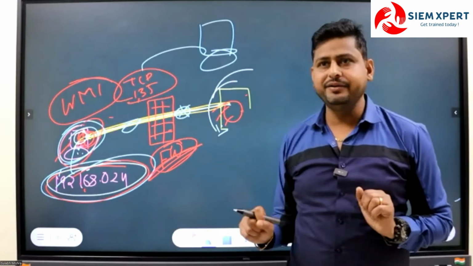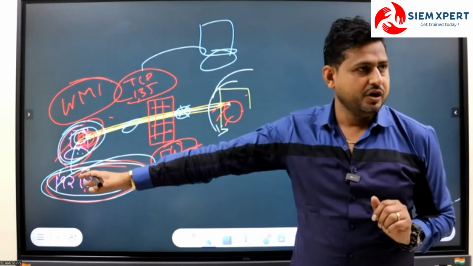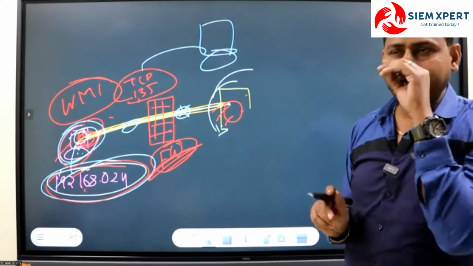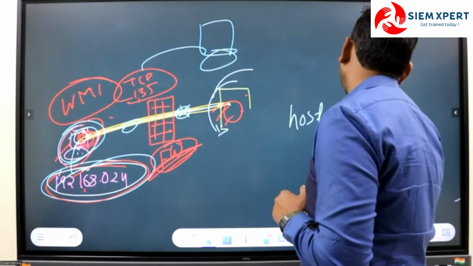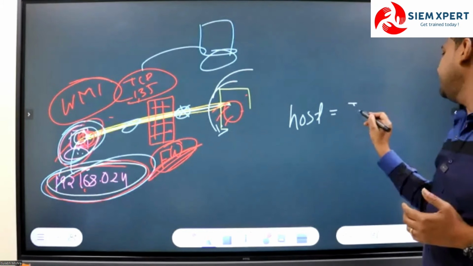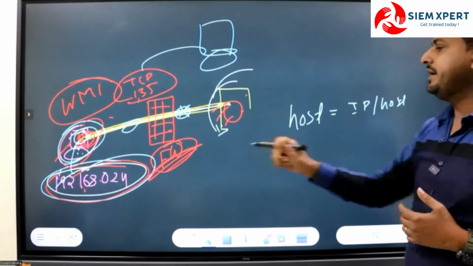We can identify the particular device by its IP address or host name. So the next step will ask you for host mapping. The field name is host. Host is equal to. It will ask whether you want host equal to IP address or host equal to host name. How do you want to identify this particular device?